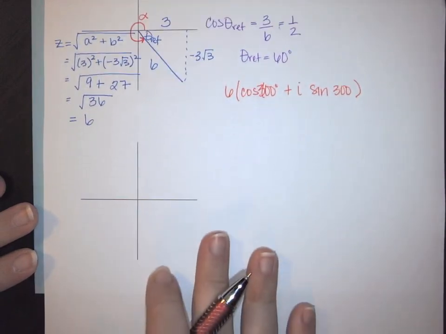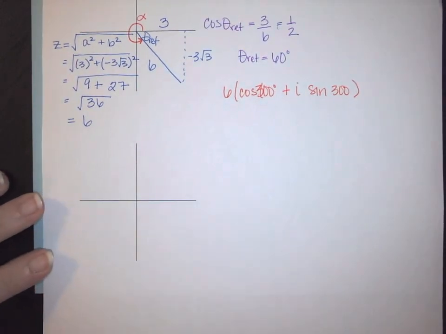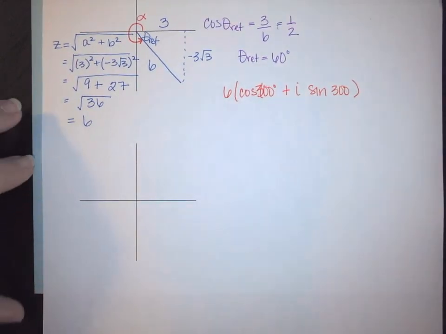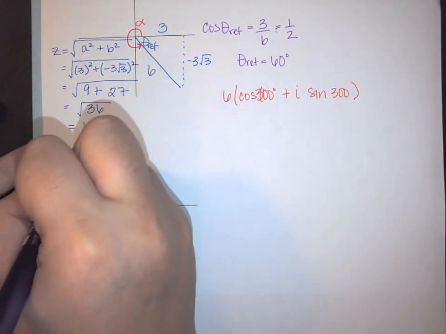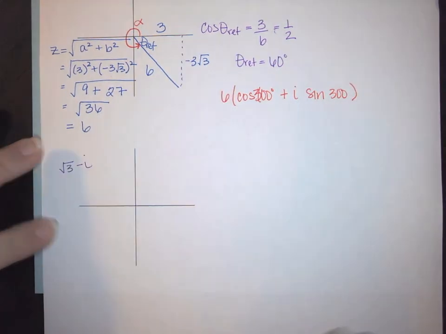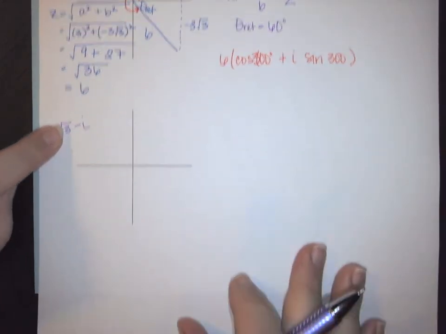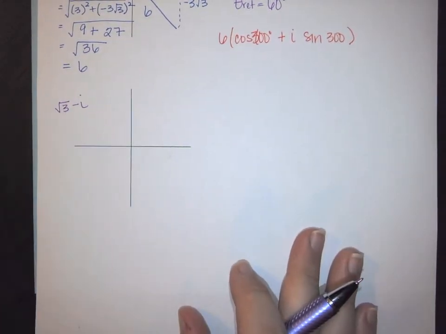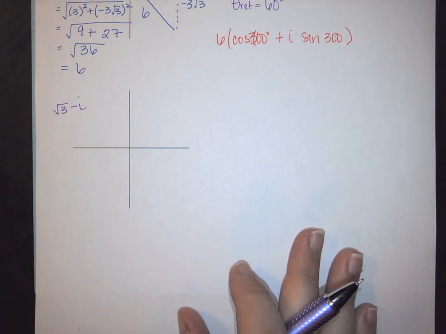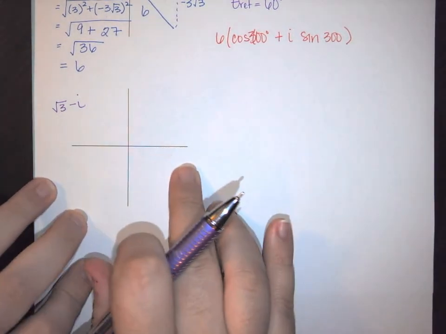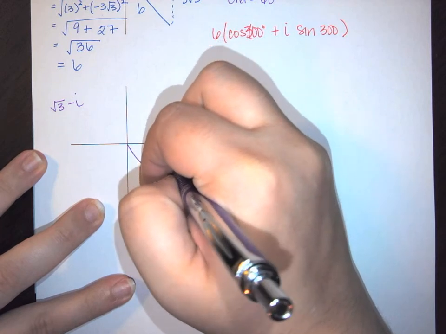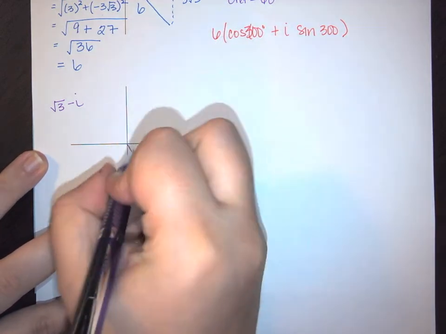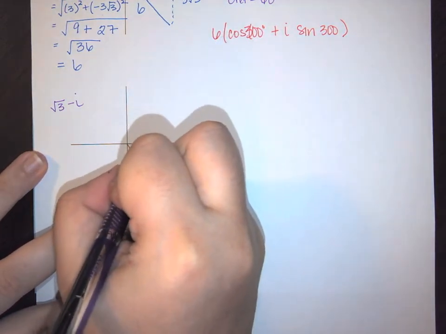Alright, now let's do the other one. My other one down here is going to be the square root of 3 minus i. Again, my x is positive, my y is negative, and so that means I'm down once again in this fourth quadrant. So I'm going to go ahead and draw that triangle in. This is going to be my angle of reference.